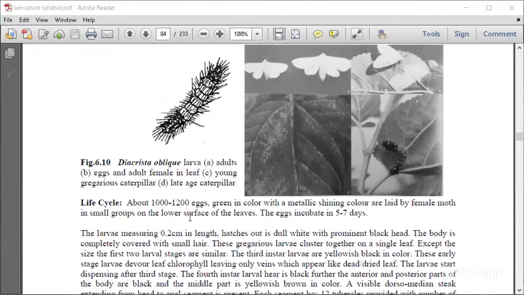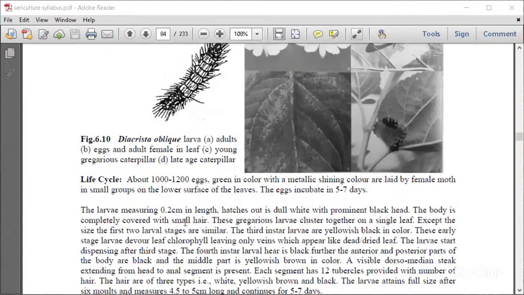In the life cycle, the female moth lays 1000 to 1200 green eggs with a metallic shine, in small groups on the lower surface of the leaves.